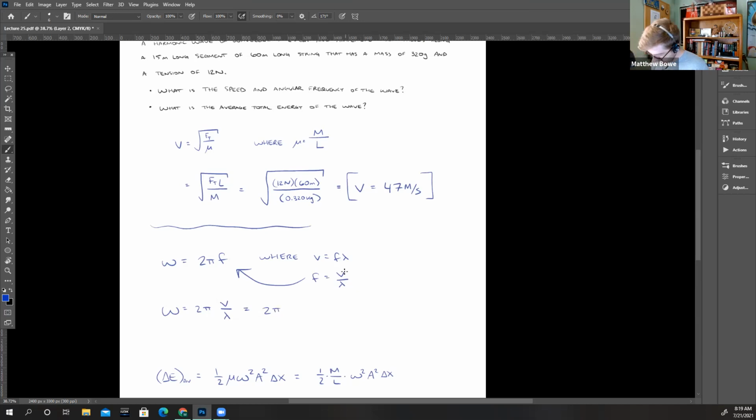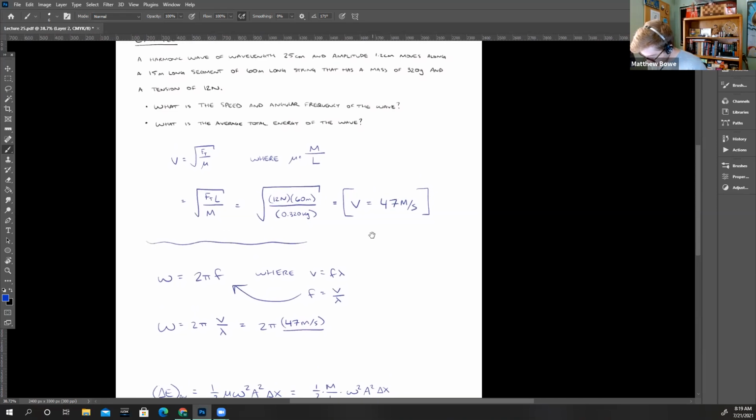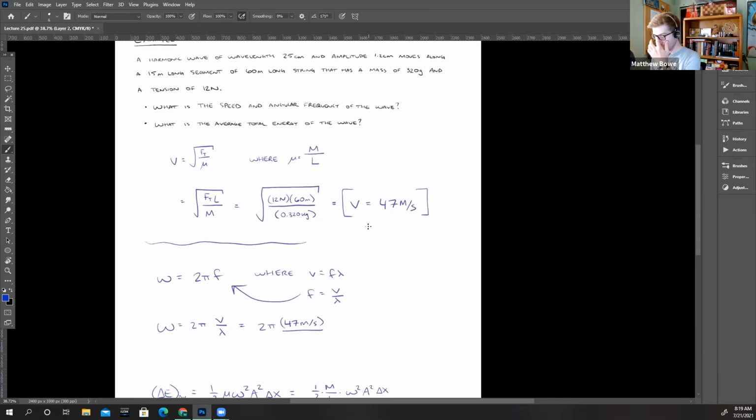2 pi, the value we just found, 47 meters per second, over 25 centimeters. We want this in SI units, so 0.25 meters.